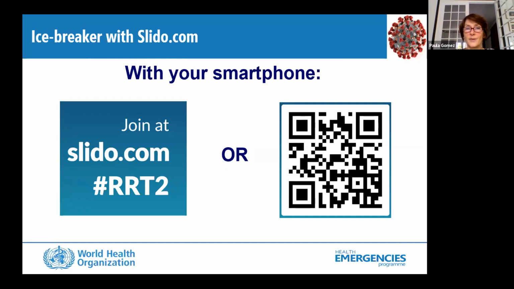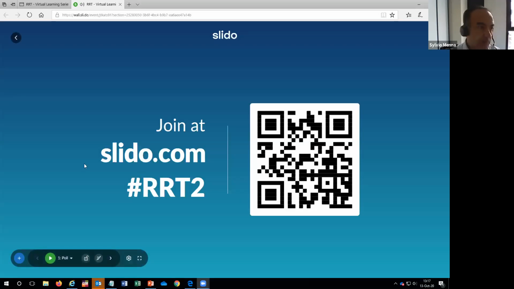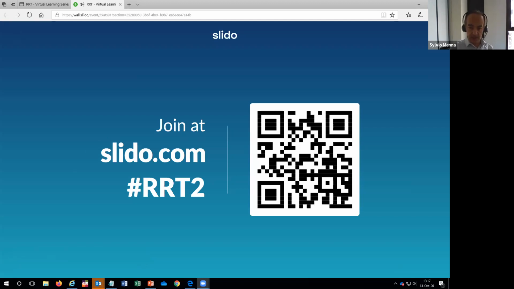I'm going to pass the floor now to my colleague Silvio, who will explain how to use it. Hello everybody, my name is Silvio Mena. I also work in the training team based in Lyon at WHO. I'm going to show my screen first. Hopefully you see my screen. Yes, as Paula just said, you can scan the QR code, or you can type slido.com on the browser of your phone, such as Chrome or Safari.